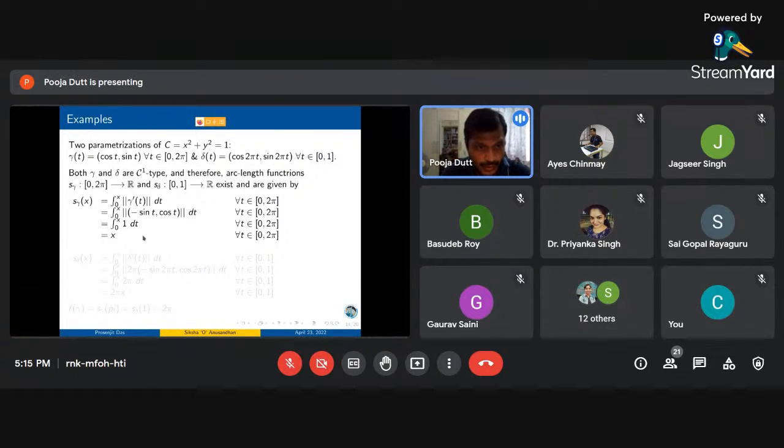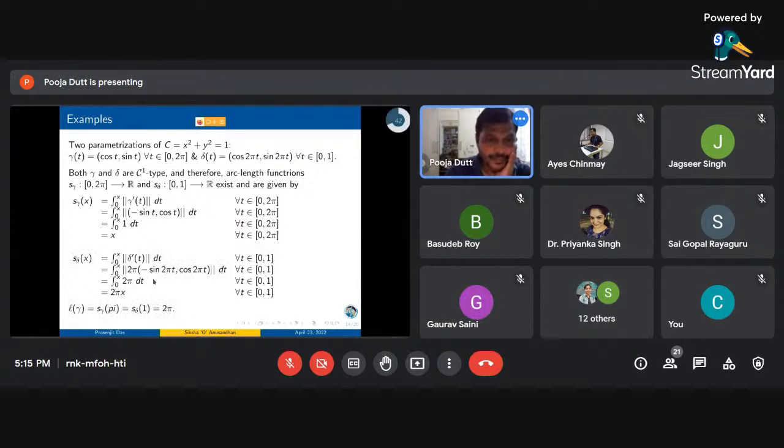At t equal to 2 pi, we know the perimeter, or length of the circle, is 2 pi. Next, if you take a different parameterization, cos 2 pi t, sin 2 pi t, where t is running between 0 and 1, then one can calculate.